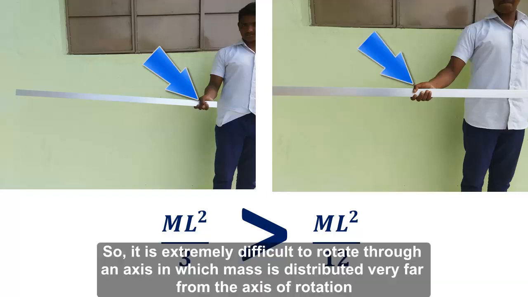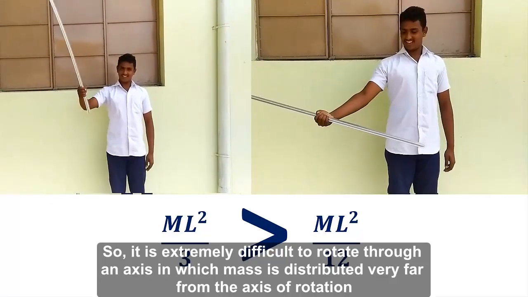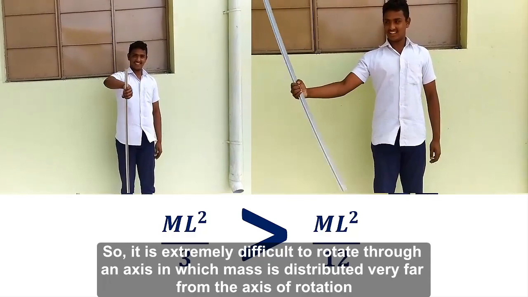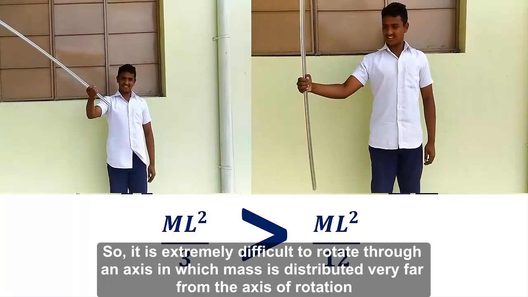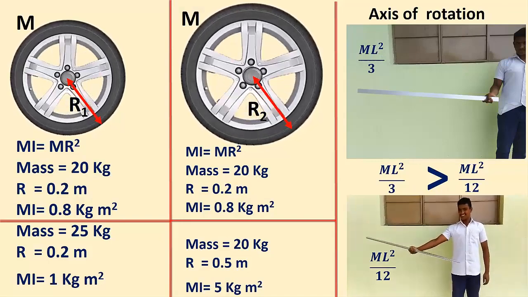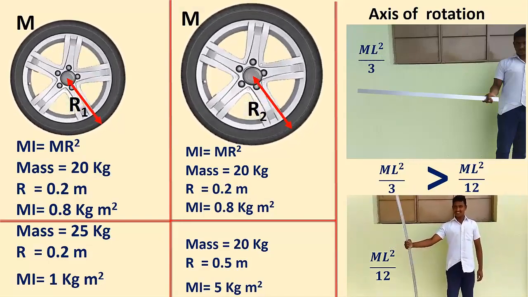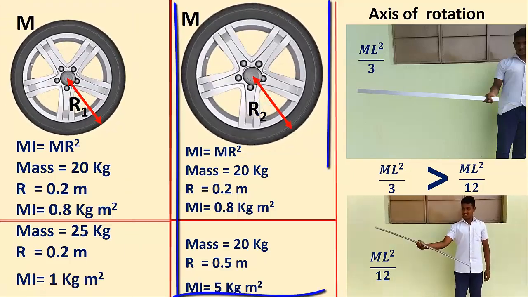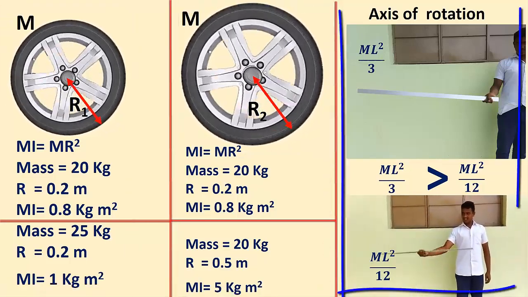So, it is extremely difficult to rotate about an axis from which mass is distributed very far. Comparing these three examples, we can come to a conclusion that moment of inertia depends on the mass of the object, the radius of the object, and the axis of rotation.